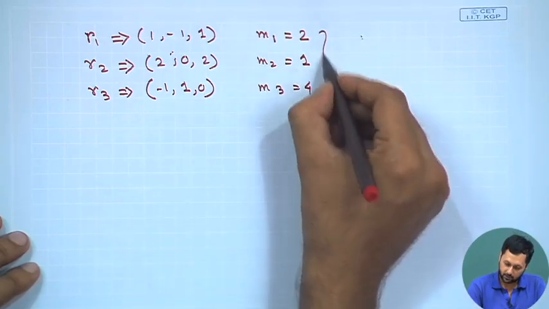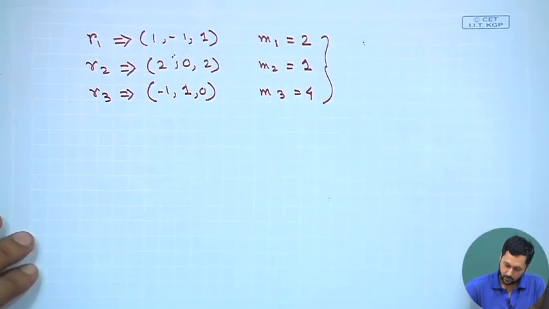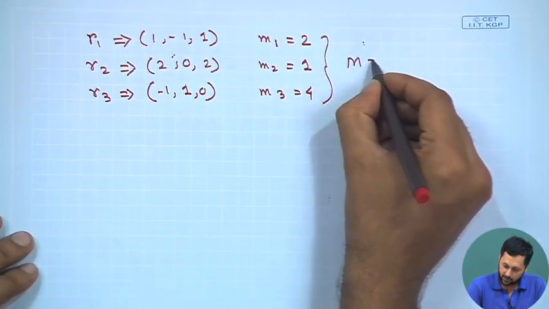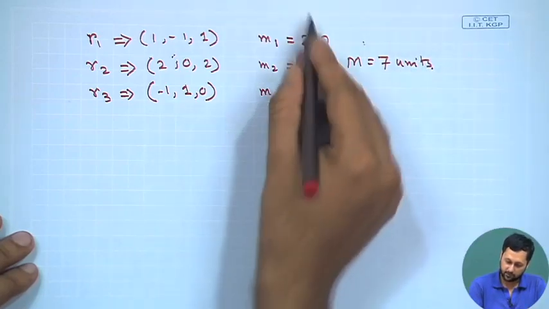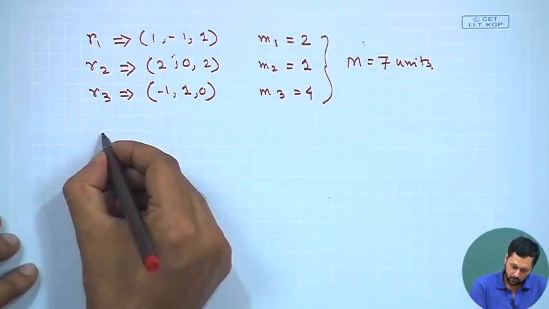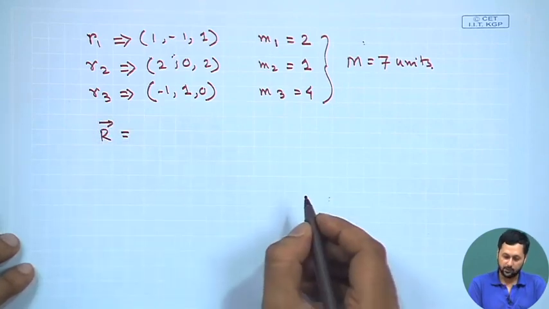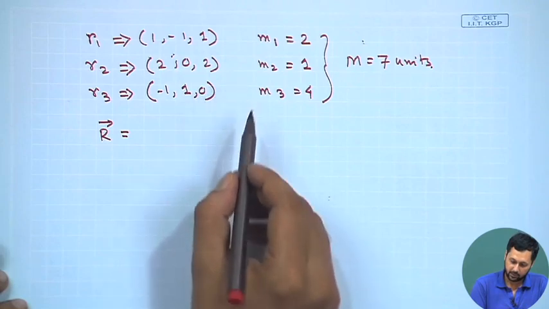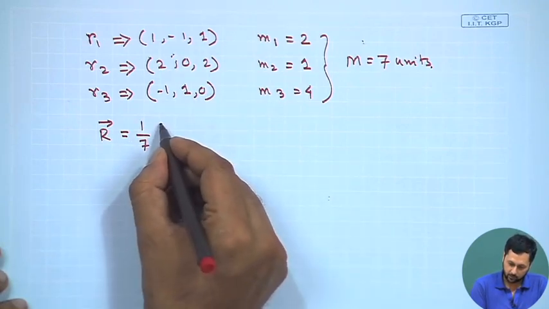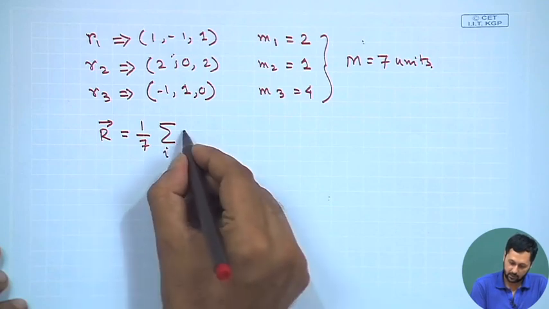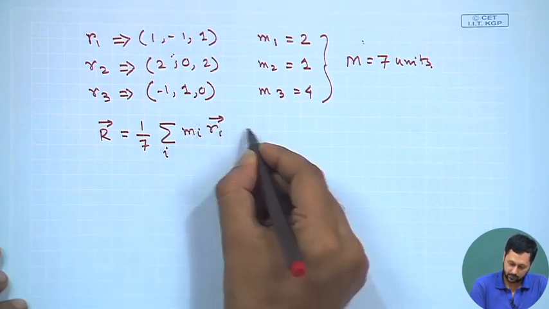So total mass is 4 plus 2 plus 1, which is capital M equal to 7 units, a summation of these 3. So R, which is the center of mass, will be 1 by 7, 7 being the total mass, times the summation of M_i R_i.